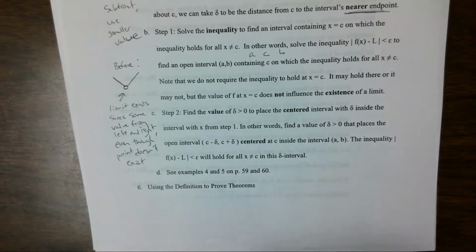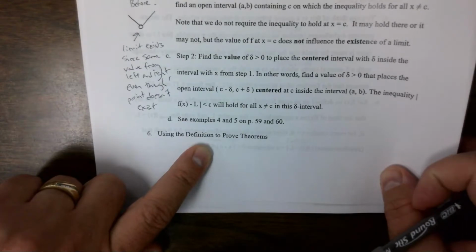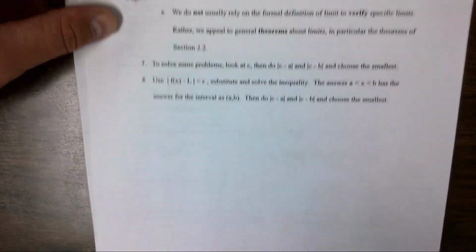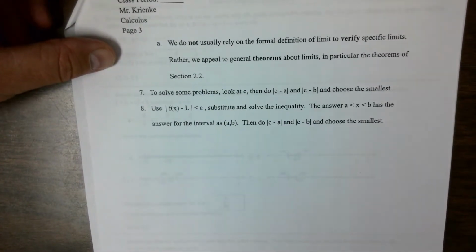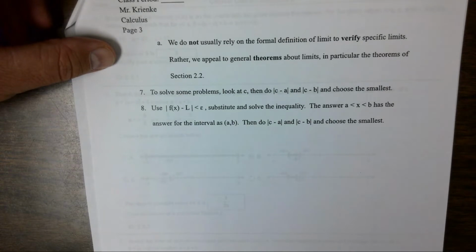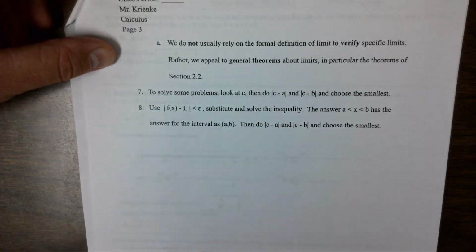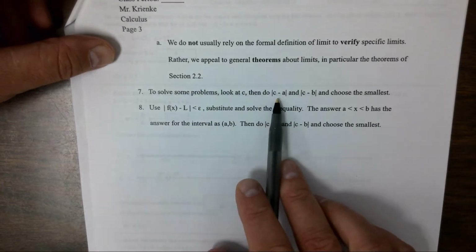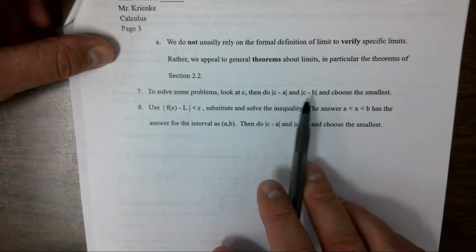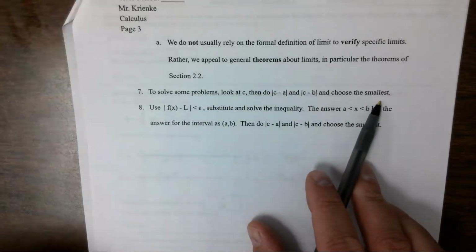Okay, so that's basically your notes on it, and then the next part was using the definition to prove your theorems. We don't usually rely on the formal definition to verify it. Rather, we do our general theorems and then test it. So to solve some problems, you want to look at C and then do the absolute value of C minus A and the absolute value of C minus B, and then choose the smallest.